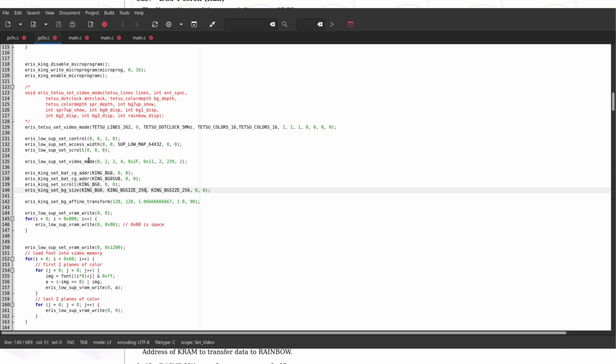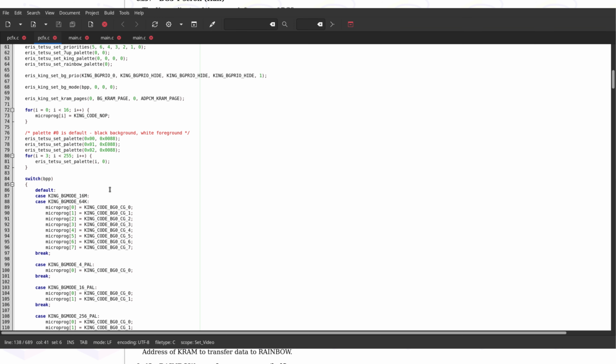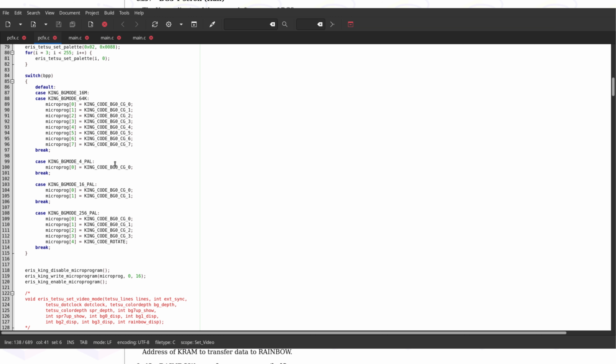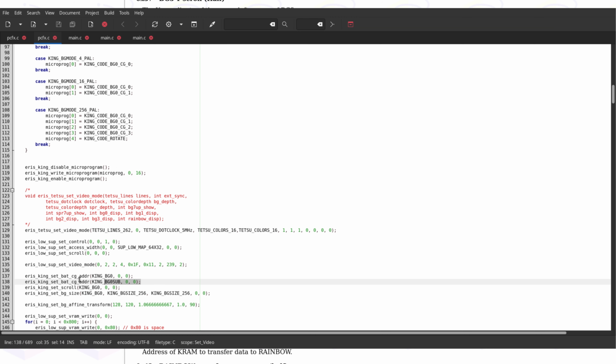That could be related to BG0 sub as well, because it seems to somehow mirror the content of BG0, and I don't really understand the purpose of that. It seems to be related to the zooming. I think that's why BG sub even exists, to store the intermediate steps, but I could be wrong on that.